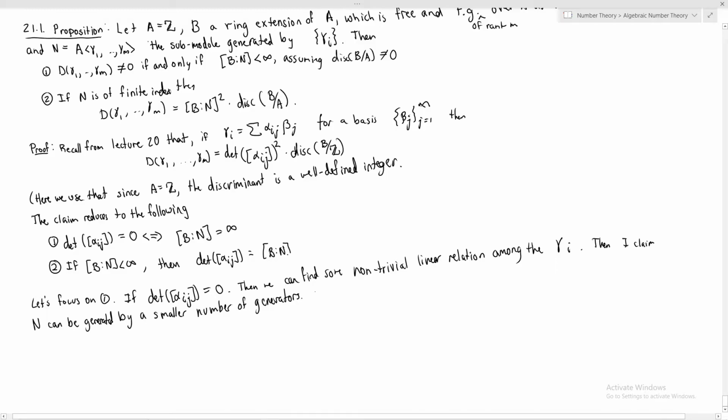I guess, so since n is contained in B and B is free, right, I can find a basis for n. N is free, and hence I can find a basis.